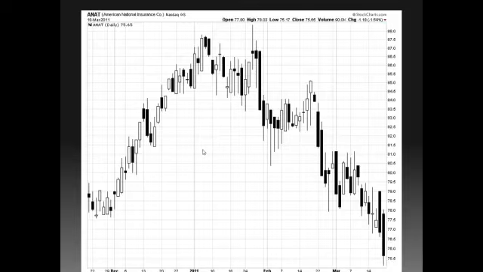Okay, so let's look at the chart. Now we've already talked about the fact that we had some invalid signals here all the way up the uptrend until finally we topped out at about $88, and we moved sideways a little bit, and then finally we broke a crucial level of support, which is now resistance.